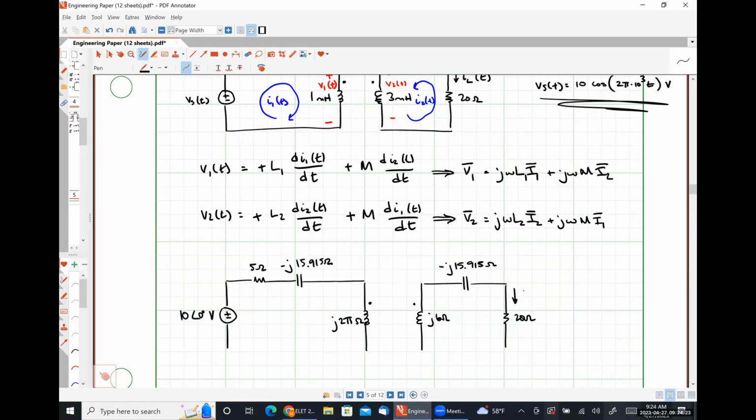Oops, I don't know what just happened. Here is the phasor current IL. And what's our mutual inductance going to look like in the frequency domain? It's half a millihenry, which means it has half the impedance of that inductor L1. So it's just going to look like j pi ohms.